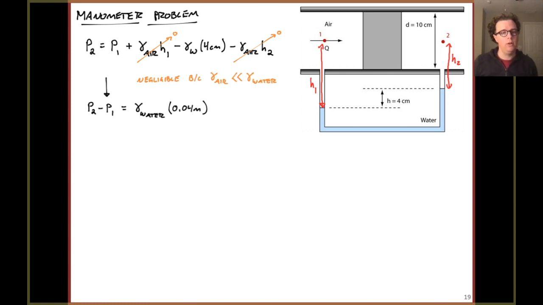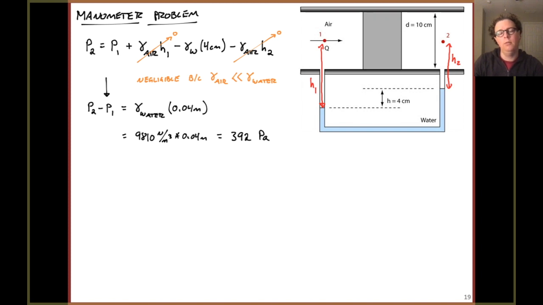Reorganizing, the pressure drop P2 to P1 must be equal to the height difference in that column of water, so the specific weight of water times 4 centimeters, or a total of 392 pascals. So the pressure drop from point 1 to point 2 is 392 pascals.